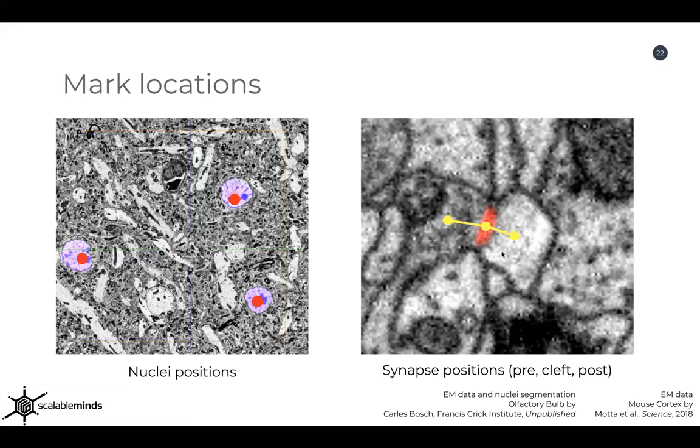And with these three items, we can get again some good evaluation on how well our synapse classifier works, how many of these synapses we found, do they connect to actually the right neurons? And again, because it's only sparse annotation, we can get very fast results. So sparse annotations can be a very powerful tool and are quite cheap to obtain.